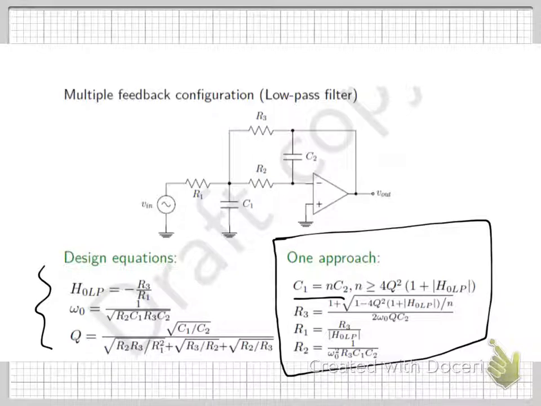And then you design for R3 using this equation. Your R1 is R3 over gain, and your R2 is that. So that is one way to work out your values of your resistors for your multiple feedback low pass filter.